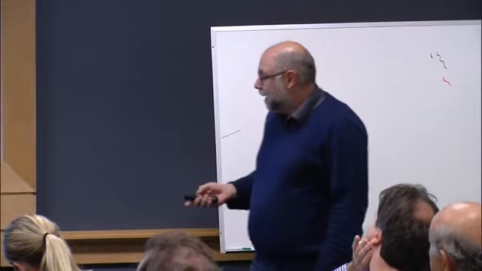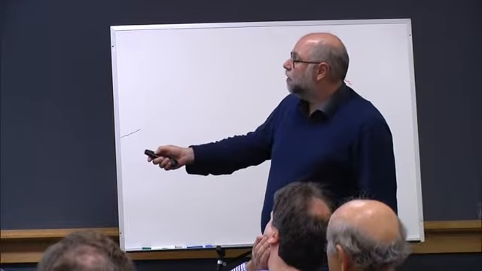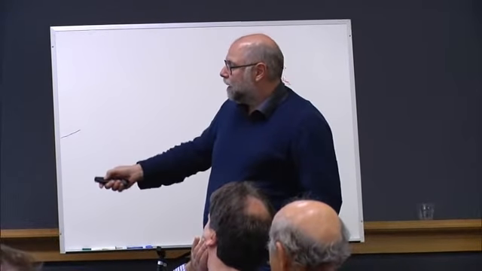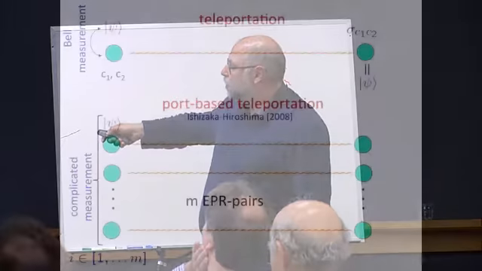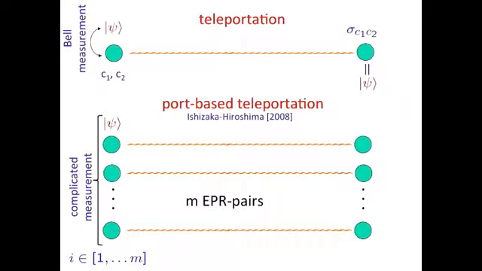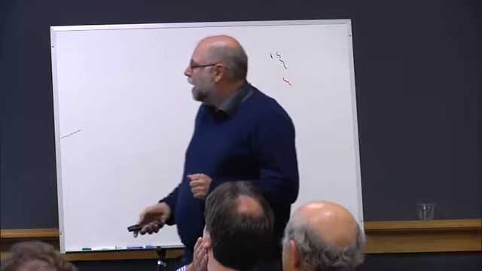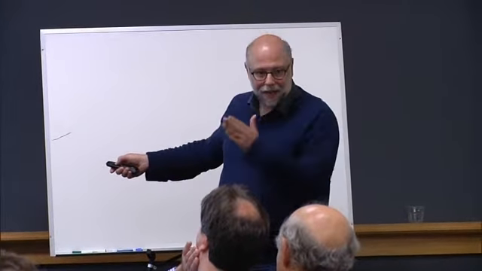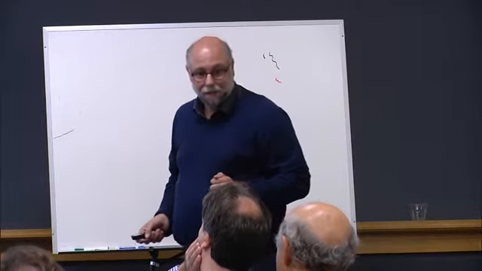And again, a measurement is done, much more complicated than the measurement for teleportation, on Alice's side, and the outcome of that measurement is a number i. And the i ranges, points to one of these EPR pairs. We have n EPR pairs, and this number i that comes out of this measurement points to one of these ports, they're called. And it now happens that if you look at the other side, at the ith port, the state psi has appeared there.